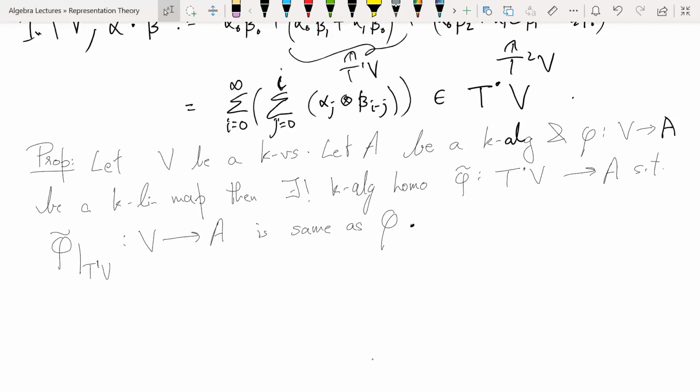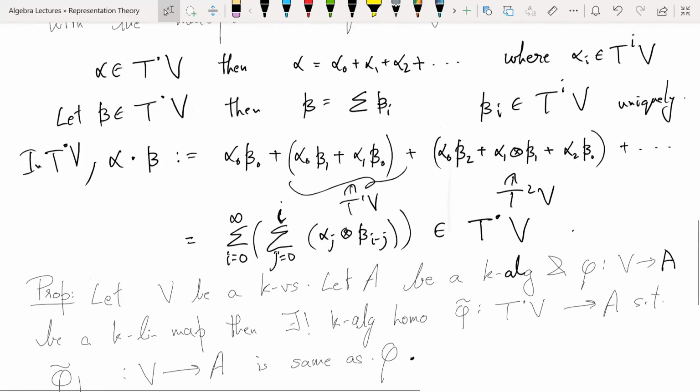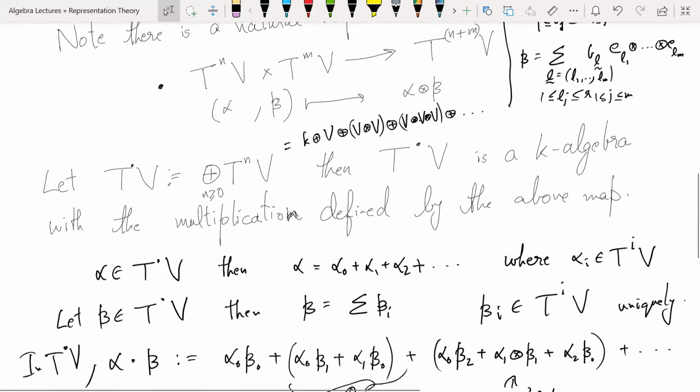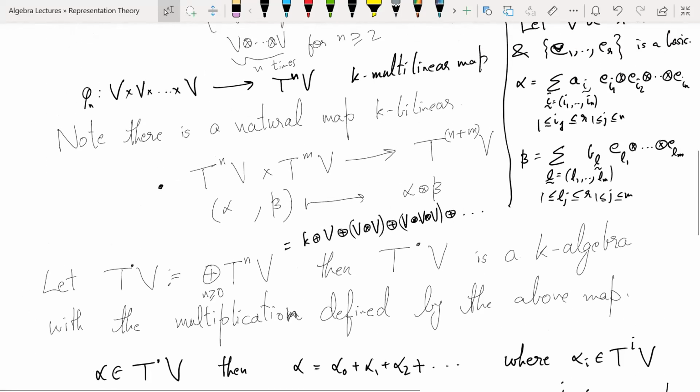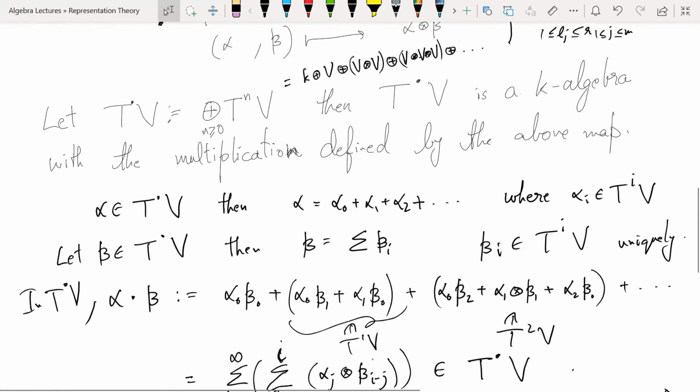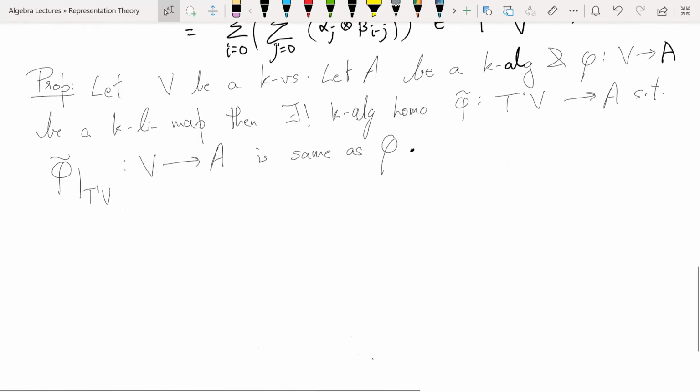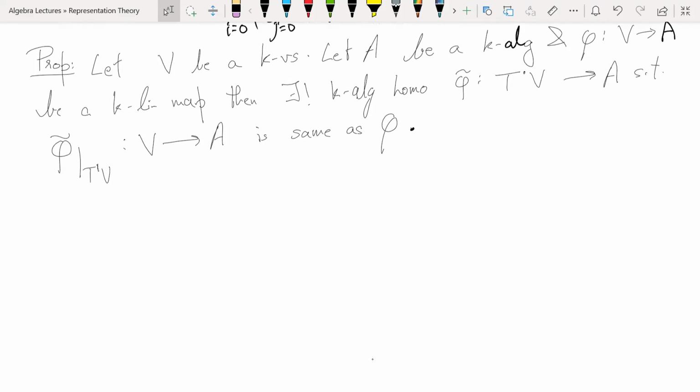Then one could show that this is unique up to unique isomorphism, and then prove the existence. Proving the existence is precisely this construction: you construct the tensor algebra this way so that it has the universal property.